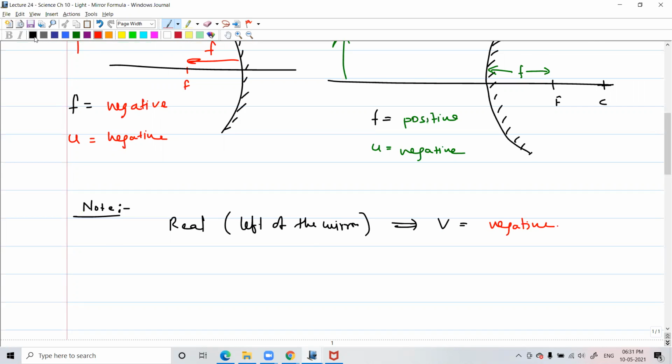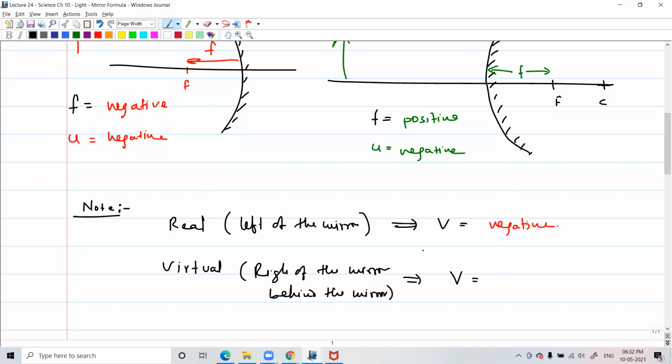Virtual images, in most cases, whenever you have seen virtual images, are always behind the mirror, on the right side of the mirror. All of you remember that? That is behind the mirror. In that case, V becomes positive.